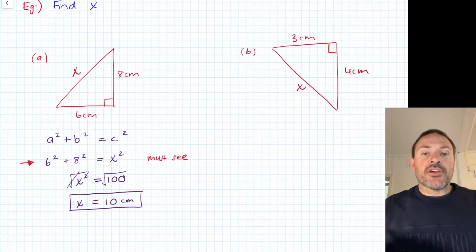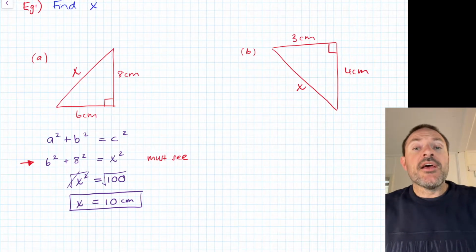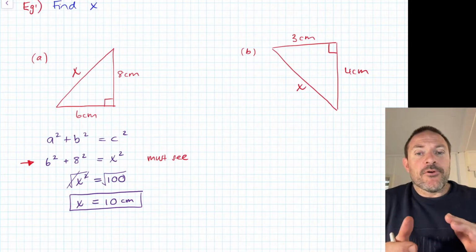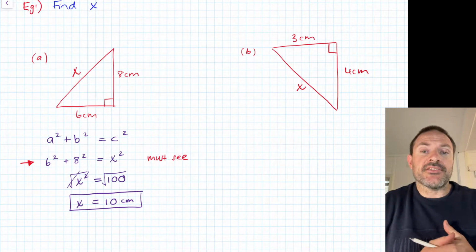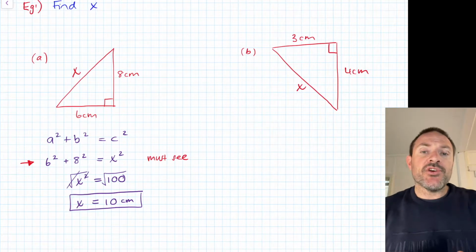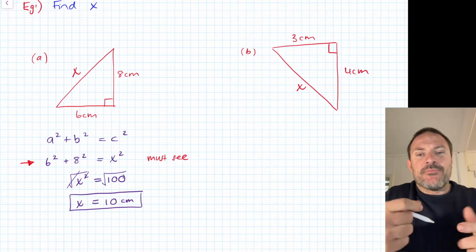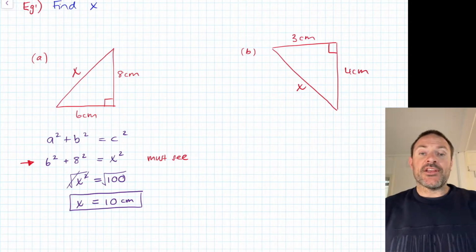Just because we've been doing equations recently, you might remember that when you square root something, we always have a positive and a negative version of it. So a plus minus 10, for example. Now, in these questions, we don't need to look at the minus 10 because it is a length. X is a hypotenuse. You can't have minus 10 as a length, therefore we can just ignore it.